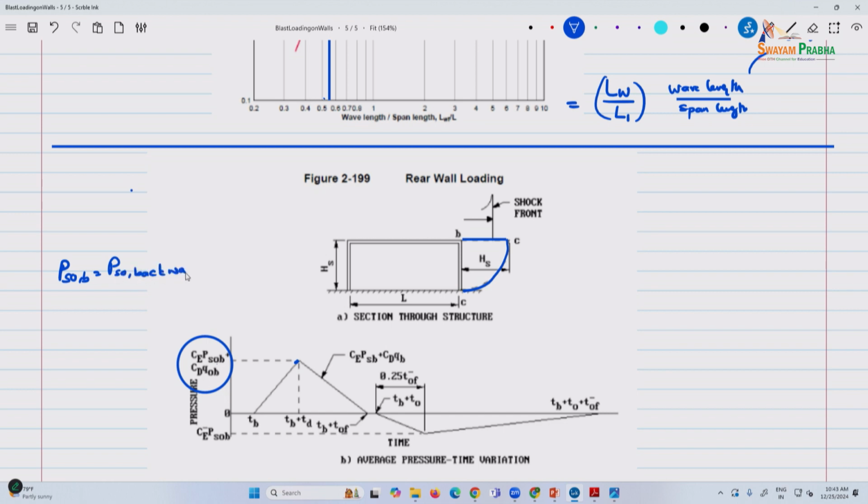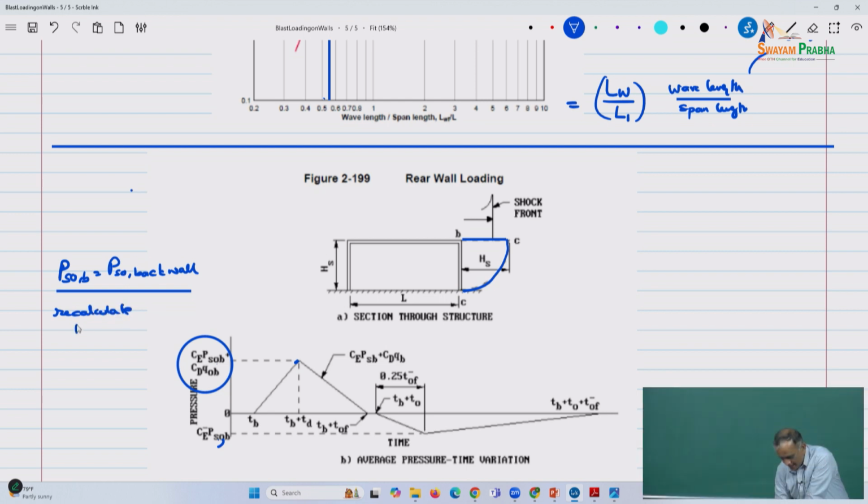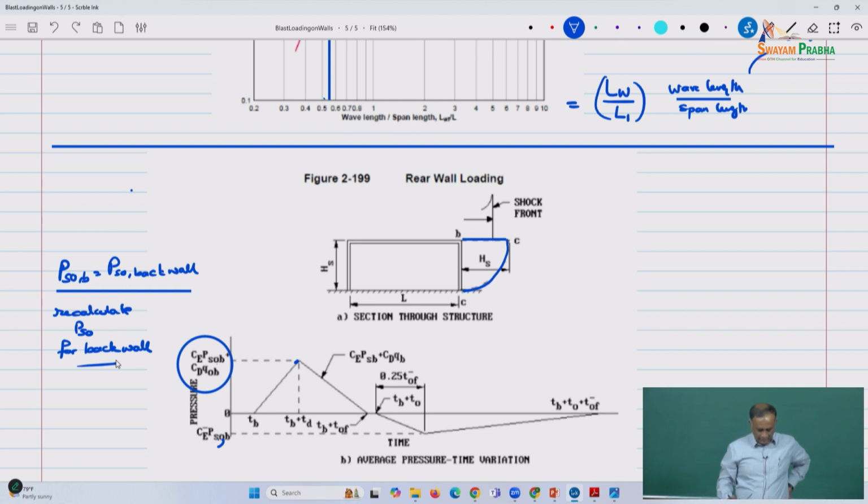That's what it represents. So the drag coefficient, and then you also have CE minus PSO. So you recalculate PSO for the back wall. You can use the same PSO for the side wall and front. The same PSO that you calculate for the front wall, you can use for the side wall and roof. For the back wall, you can use a different one.